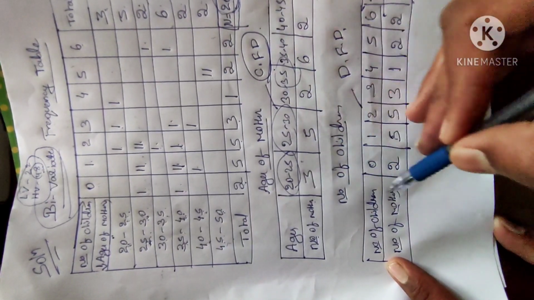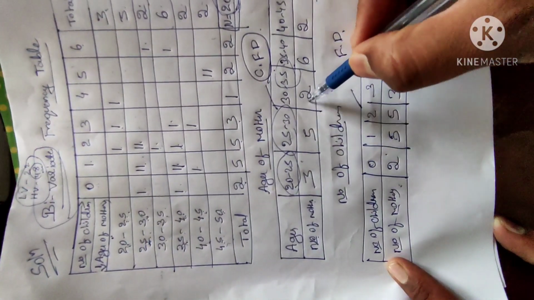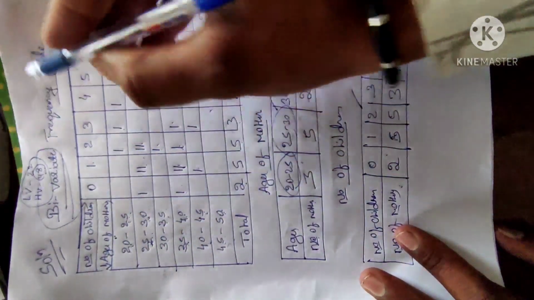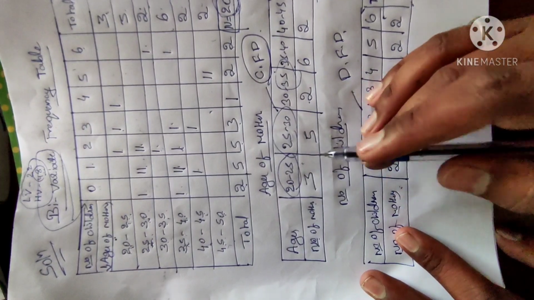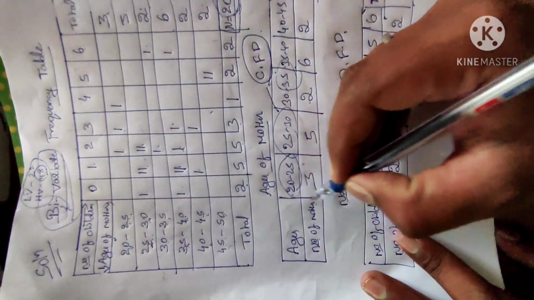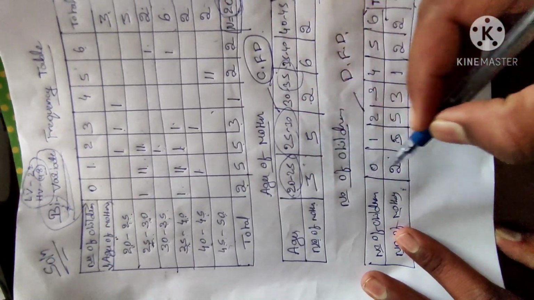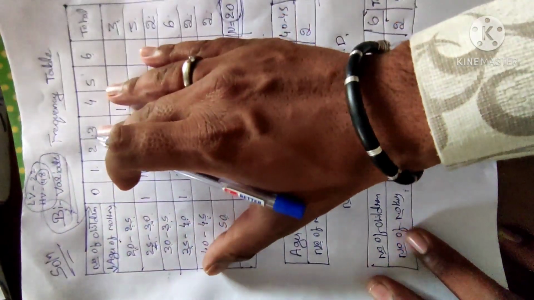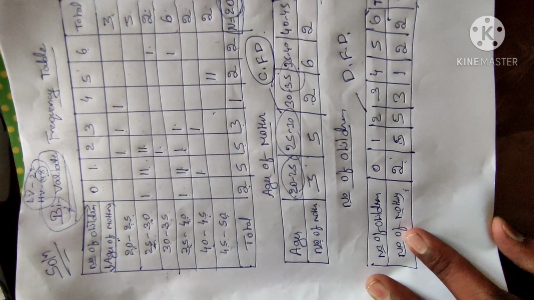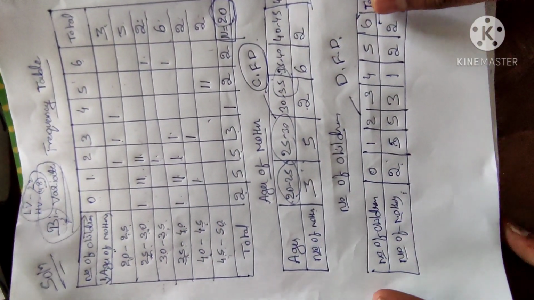Both discrete and continuous data will appear in a bivariate frequency distribution. That is the meaning of bivariate. Bivariate means two variables, two pieces of information, two tables of information appearing in a single table, called a bivariate frequency distribution. Okay students, thank you all.